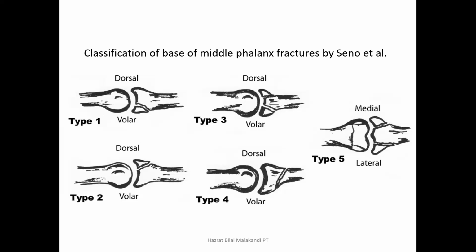But in type 5, the length of the fracture is more than just the base. It starts in the base, but it can extend through to the distal part as well. And again, this is more unstable than type 3. So these are the five types of the Sino et al. classification of the base of the middle phalanx fracture.